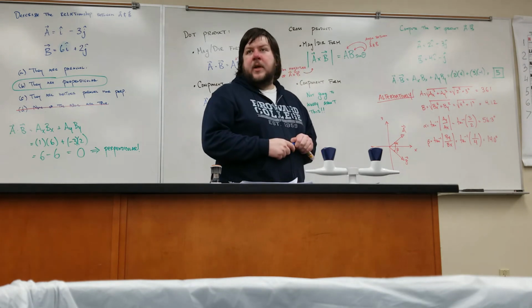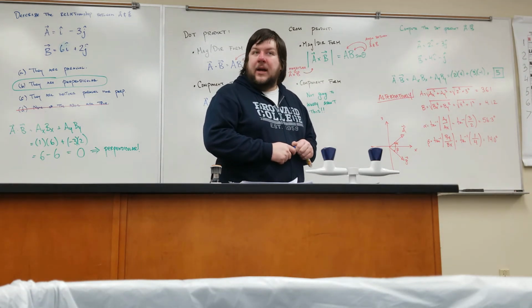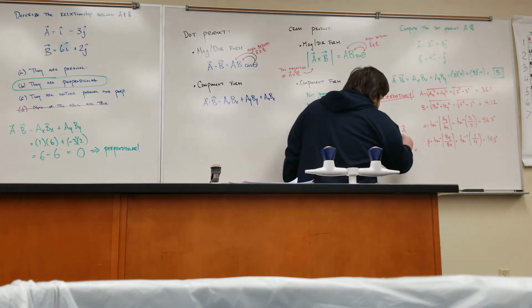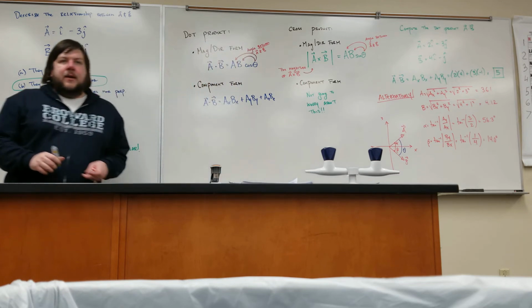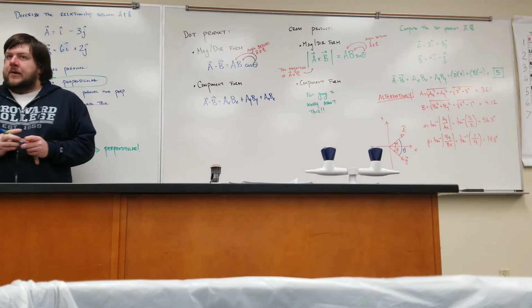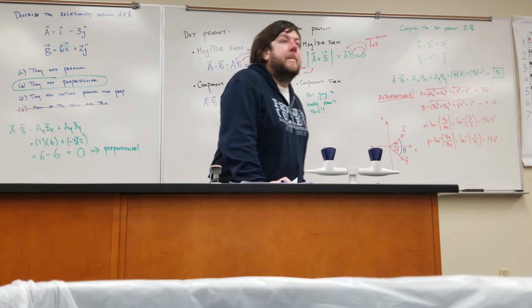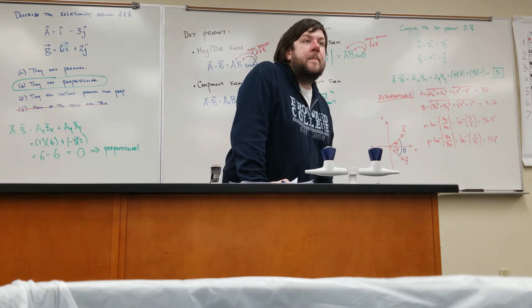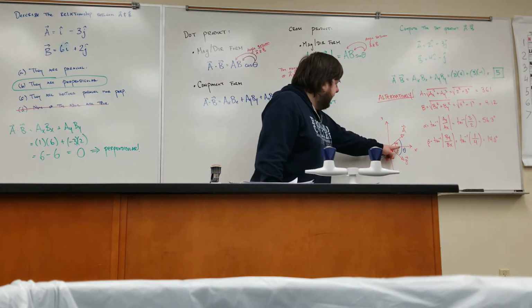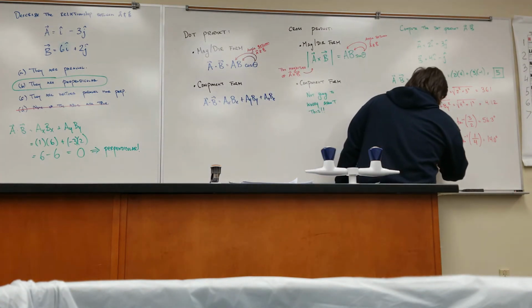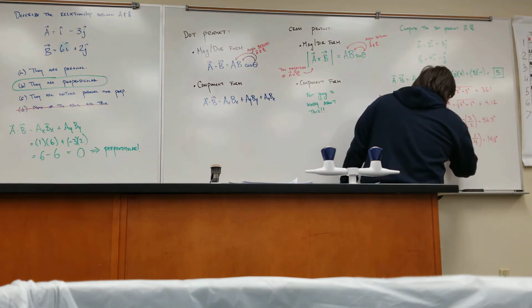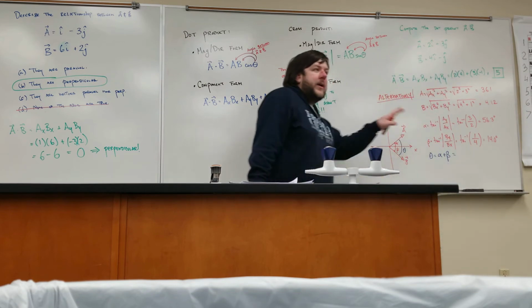Okay? So now I want to call their angle of separation, the angle from A to B, I want to call that angle theta. What should theta be? Yeah, it should be alpha plus beta, right? It should just be the sum of those angles. So theta is going to be alpha plus beta, and that's not always true.